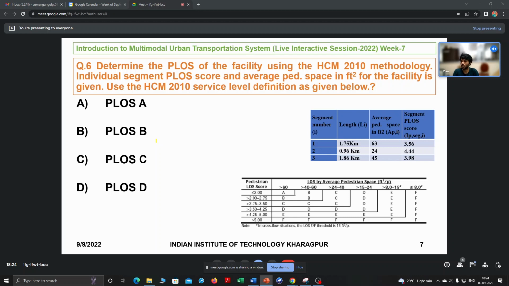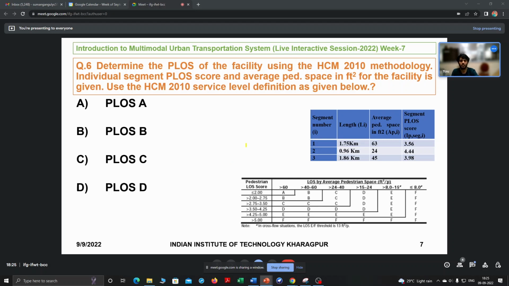See what could be the LOS score here. Space is given, this is also given, right? Tell me what could be the score. Just take the weighted average. That's all.